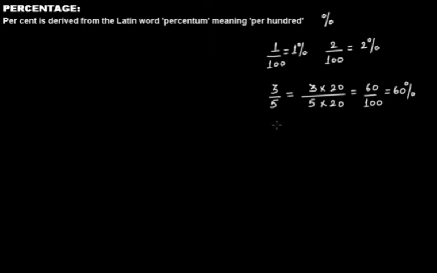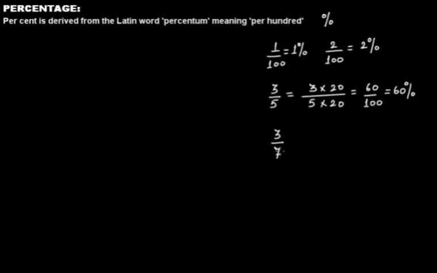Now, if this fraction was not 3 over 5 but 3 over 7, let's say, then can we tell the percentage? Same thing. You have to remember the concept of equivalent fractions. In the earlier case, if we multiply 5 by 20, we straight away get 100.